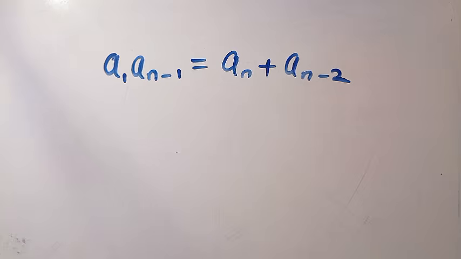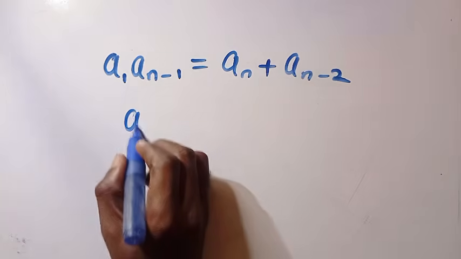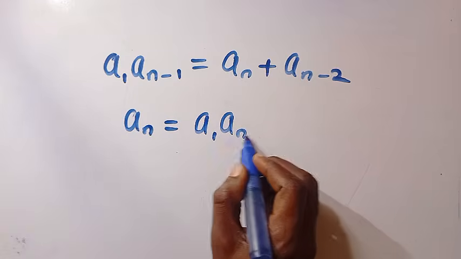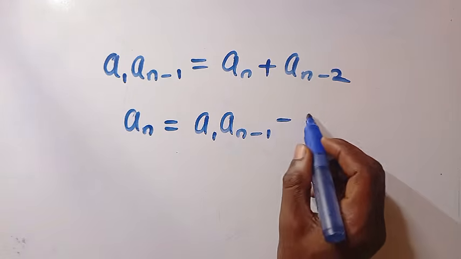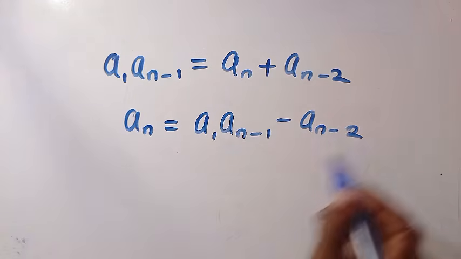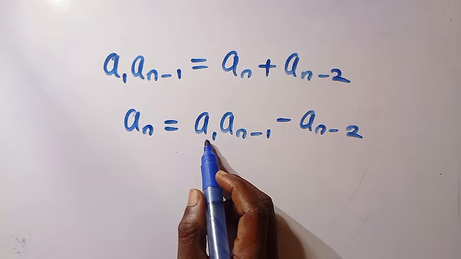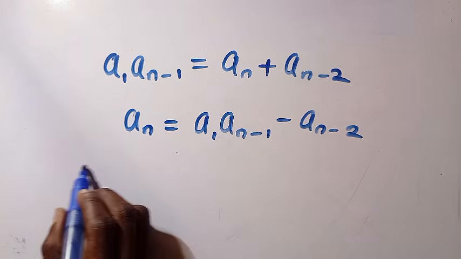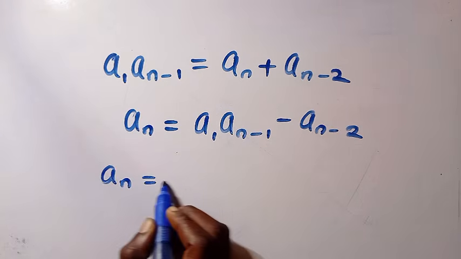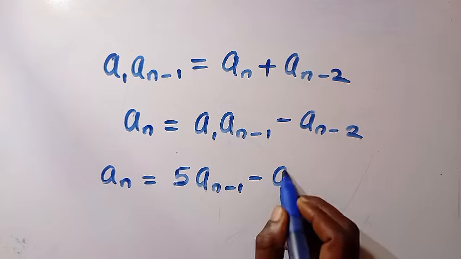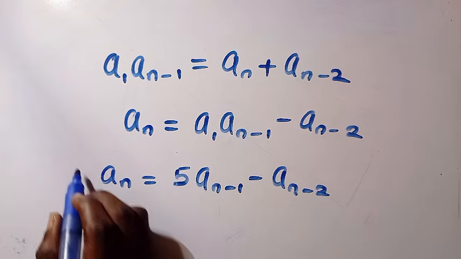Let's make a_n the subject of the formula. We have a_n equals a1 a_(n minus 1) minus a_(n minus 2). We know a1 is 5, so let's replace it: a_n equals 5 a_(n minus 1) minus a_(n minus 2).